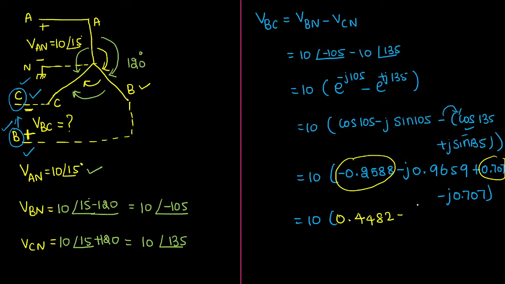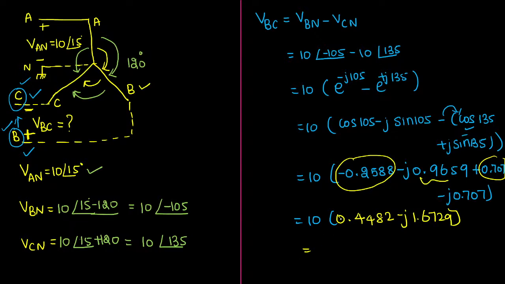Then minus j, we can add these two, both are in minus, 0.707 plus 0.9659. If we add these two, we will come up with 1.6729. So now it is in completely rectangular form.